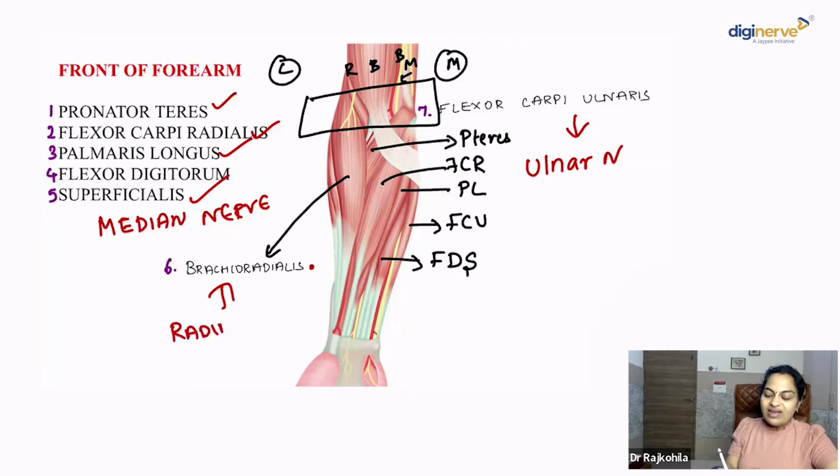By the radial nerve. Mind it, this brachioradialis that you see over the anterior aspect of the forearm can flex your elbow joint, but it is innervated by the radial nerve. It is a muscle from the extensor compartment that has migrated to the anterior aspect of the forearm for functional reasons.